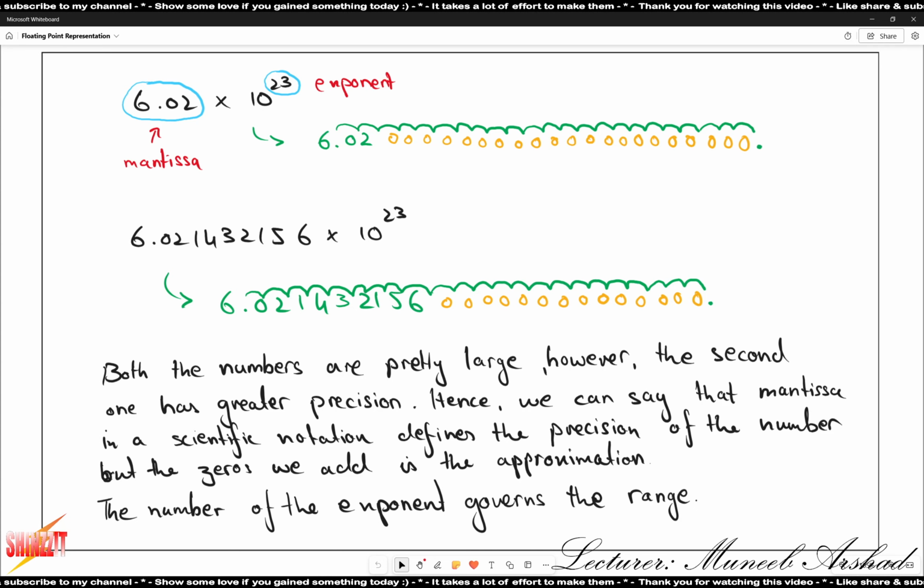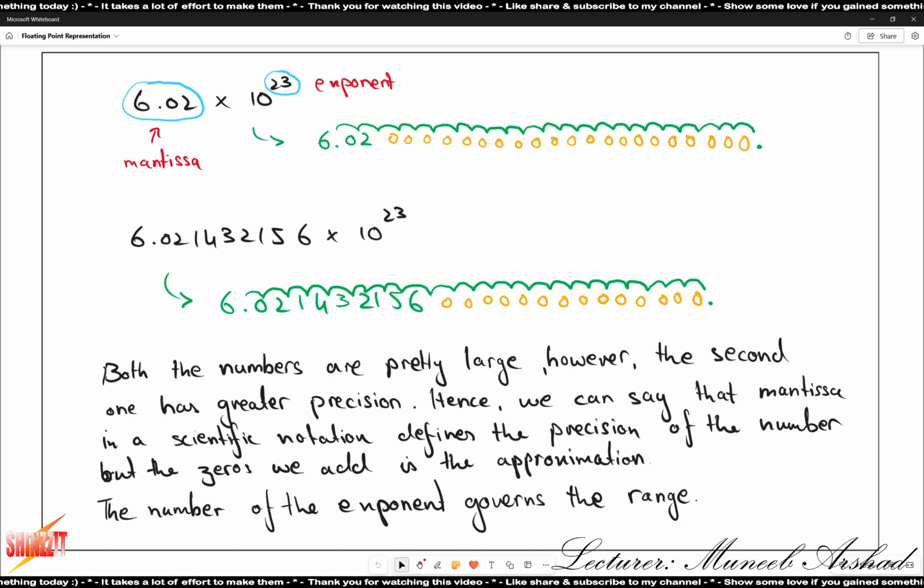So we can say that mantissa in a scientific notation defines the precision of the number, but the zeros we add is the approximation. ठीक है, हम assume कर लेते हैं कि okay, since we don't know the actual numbers, so we're gonna add up zeros. जब zeros add करते हैं तो क्या होता है कि approximation में number चला जाता है.